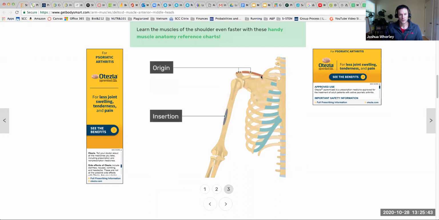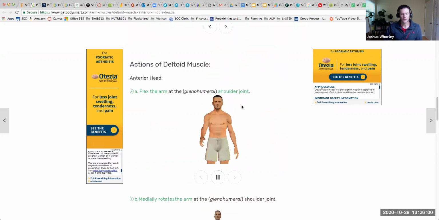Here again, we can see all across here, and then it would really be on the back of the spine of the scapula as well. We are only seeing the front of the acromion, but it would be on the spine of the scapula back as well, and then on the clavicle.